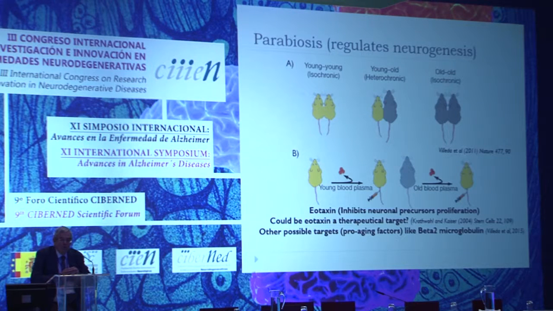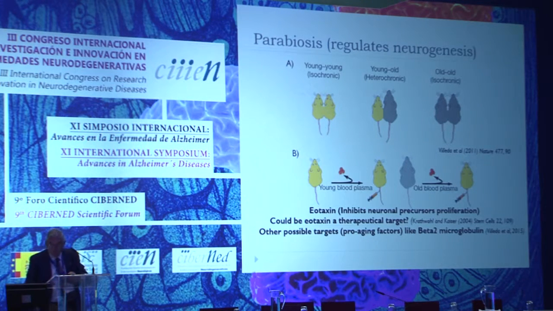And when you look at which component of blood is involved, you can see that there are several, like beta-2 microglobulin, but mainly it is the one that we just told you, eotaxin.